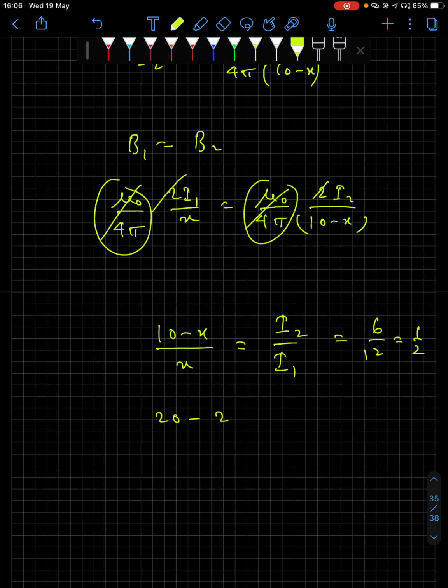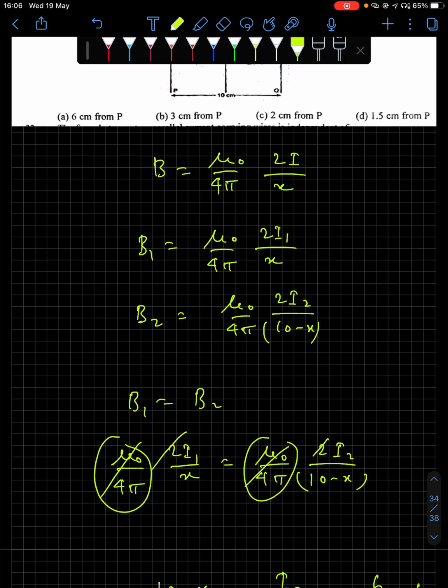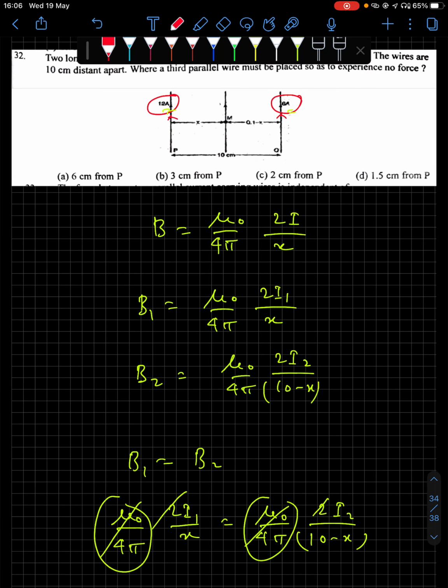So 20 minus 2x equals x, so 3x equals 20, and x comes out 6 point something centimeter, 6.6 centimeter. Yes, the result will be the same. So the answer is 6.6 centimeter from the first wire P.